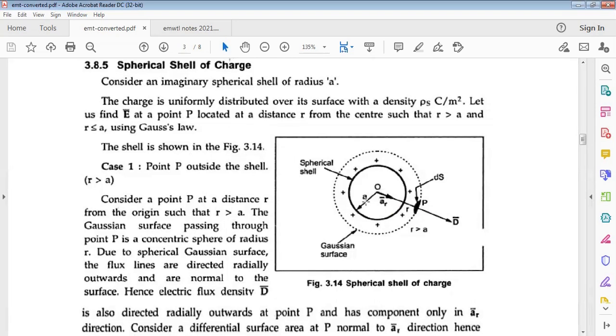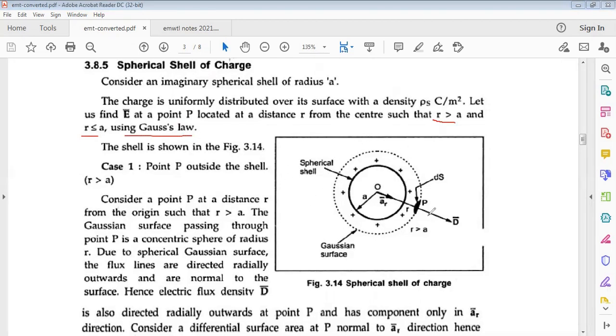The radius of the spherical shell is a, and we are assuming a Gaussian surface. On that Gaussian surface, of radius r, we assume a point P to find the E bar at a distance r from the center, such that r is greater than a, and r is less than or equal to a, using the Gauss law.